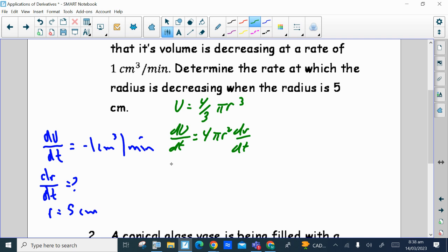So now we can find out what dr by dt is when dV by dt is negative 1 centimeter cubed per minute. That equals 4 times pi times the radius, which is 5 centimeters squared, times dr by dt. So we can do some simplifying on the right. 5 squared is 25 times 4 is 100.